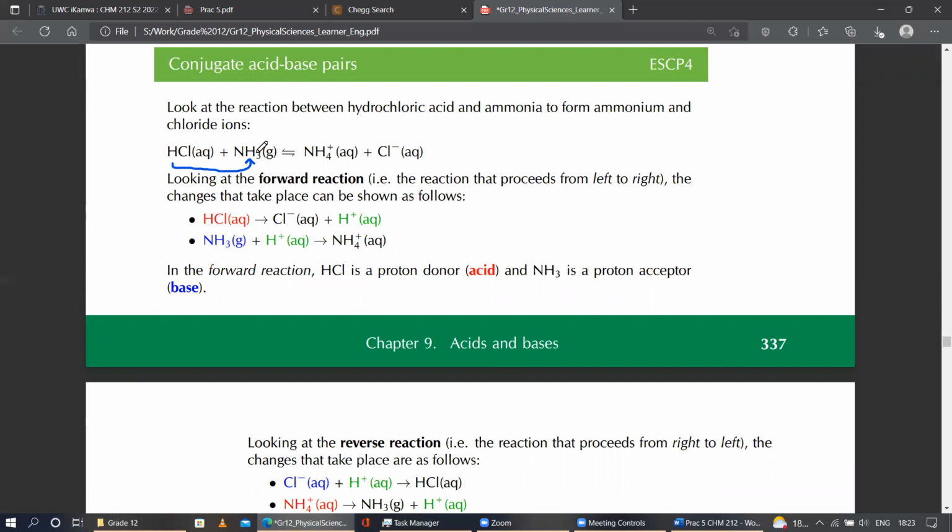So from the looks of it, the hydrochloric acid is gonna split into chloride and a proton, and the ammonia is now gonna have a proton added to it in order to form ammonium.